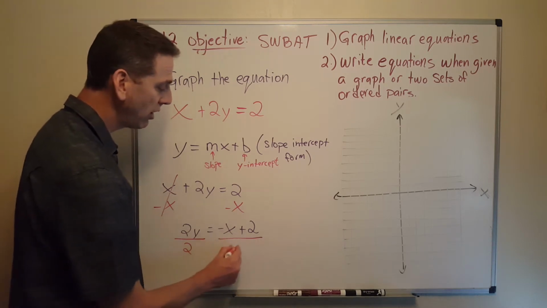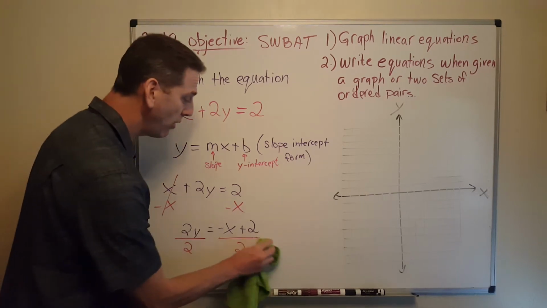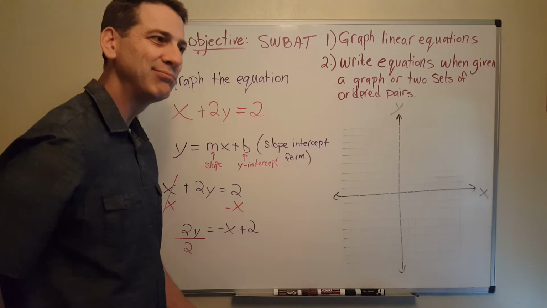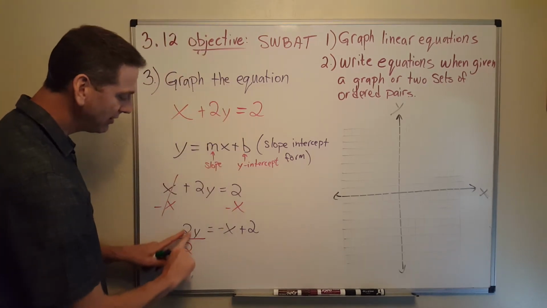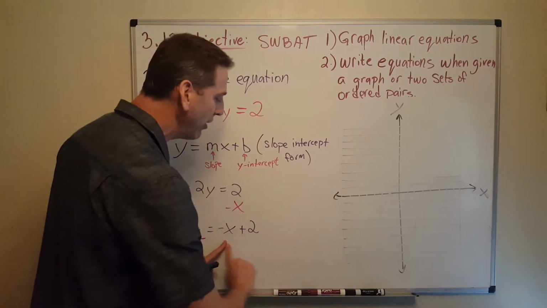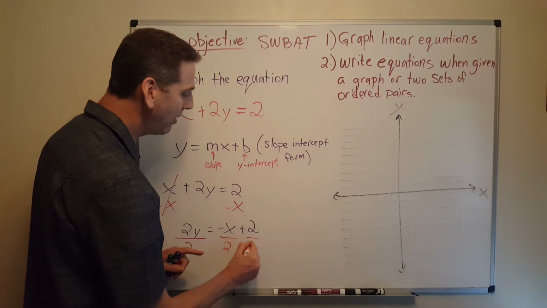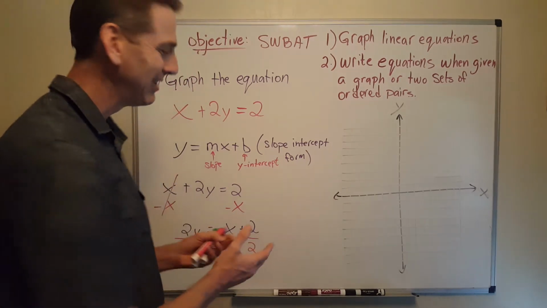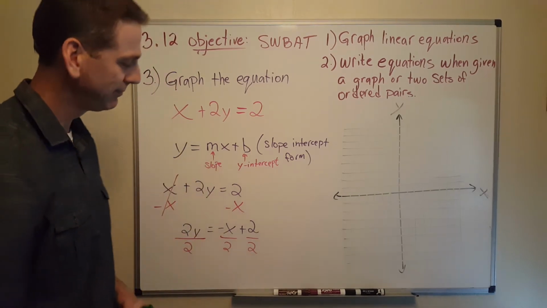So I could just go like that, or I'll show you a way that's a little, maybe more visually pleasing or makes more sense. I need to divide this side by 2. That means I can multiply everything on the right by 2. That means this gets divided by 2, and this gets divided by 2. All right, that's going to help. I think you can see that's going to be more helpful, I think.